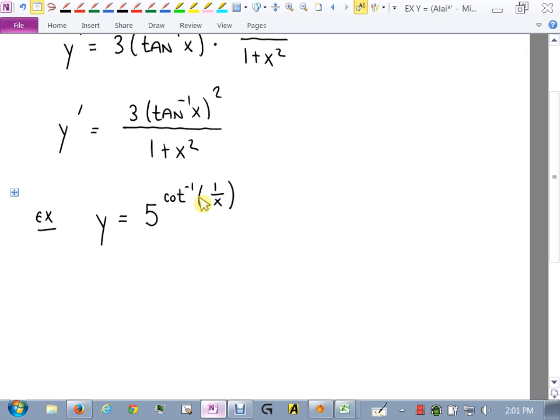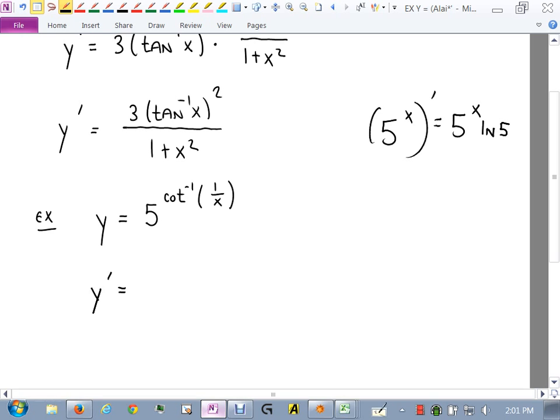You could. You wouldn't have to in this case, but you could, yes. How about just, straightaway, covering all this stuff up, what's the derivative of 5 to something? What's the derivative of 5 raised to a power? Okay, so we're looking back at, what's the derivative of 5 to the x? 5 to the x itself, ln 5.